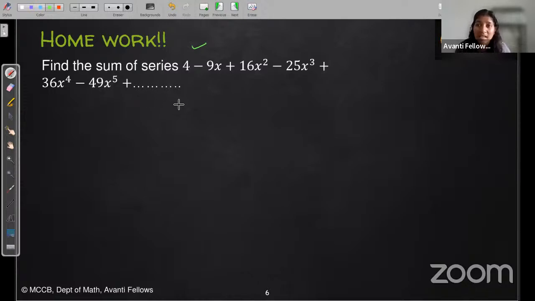So what is the series they have given? They have asked to find the sum of the series 4 minus 9x plus 16x squared minus 25x cubed plus 36x raised to 4 minus and so on, right? Now observe this series and tell me whether the series is an AP, GP or AGP, as it's an arithmetico-geometric progression series.